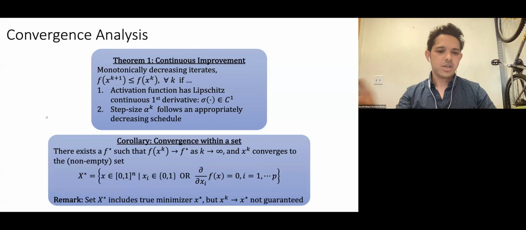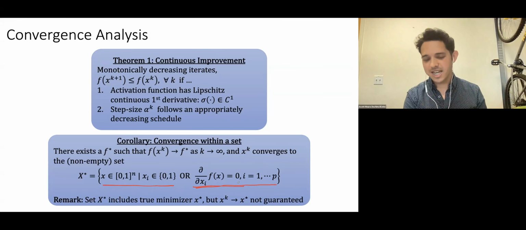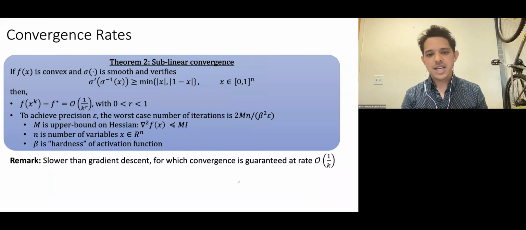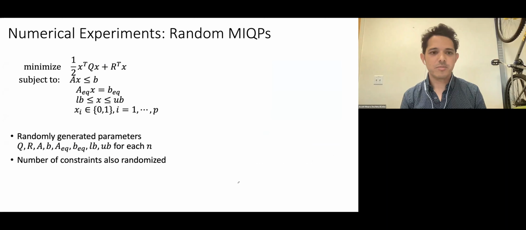So you may converge to the optimal solution or not, but the optimal solution is contained within the set that it converges to. We've also been able to show convergence rates, which are sublinear in comparison to gradient descent, which is guaranteed at a linear rate. Okay, so now some numerical experiments, just to give you a bit of a flavor.